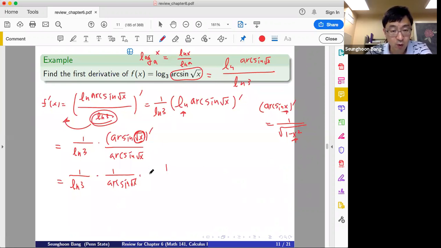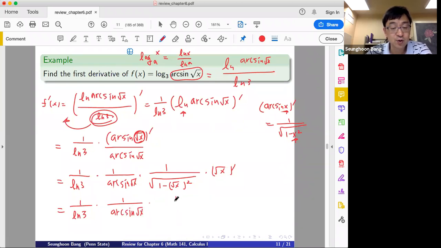So we have 1 over the square root of 1 minus root x squared, which is just x, times the inner function root x prime. The derivative of root x is 1 over 2 root x.